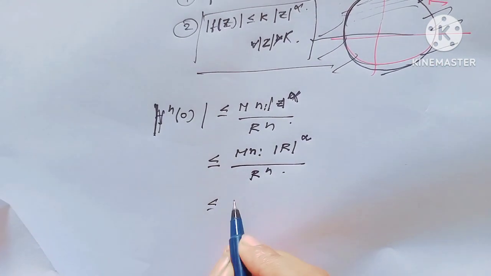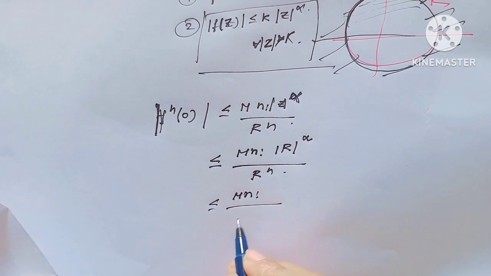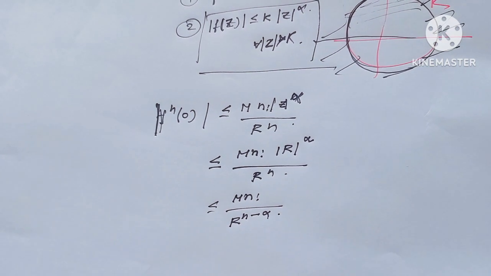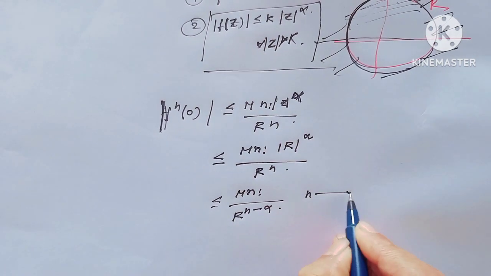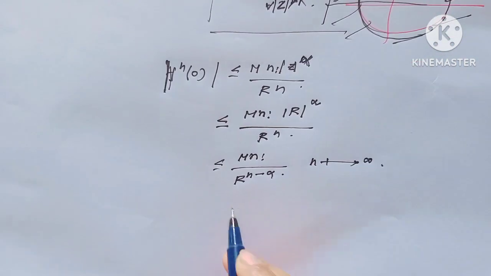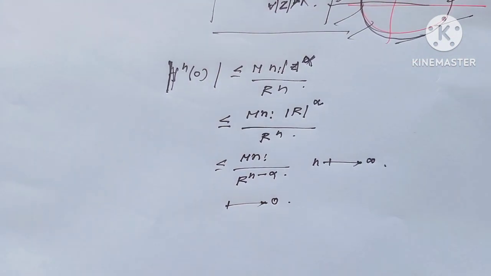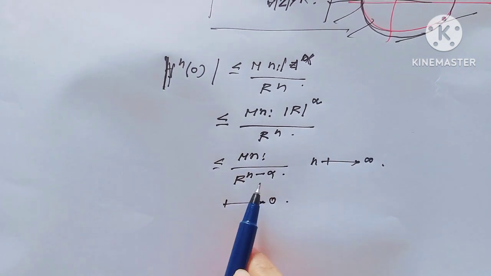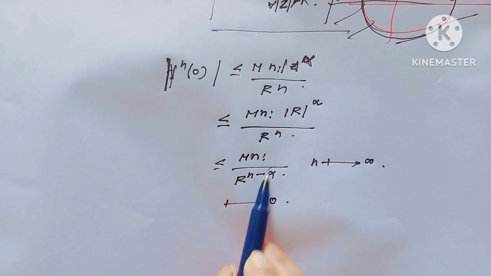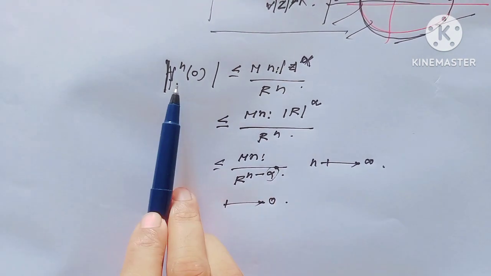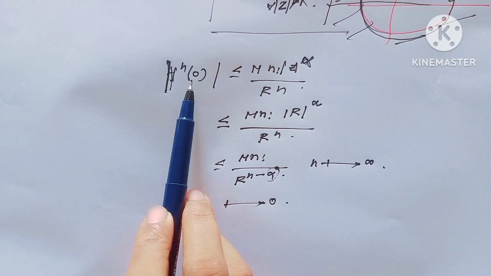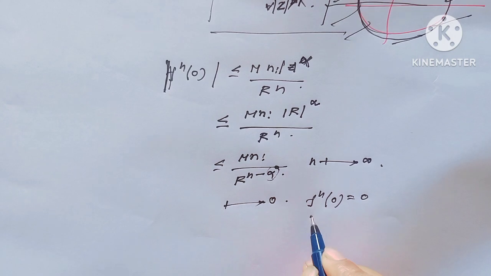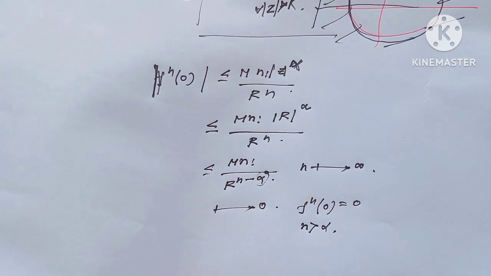That means this is less than or equal to M n factorial r to the power n minus alpha. And when n tends to infinity, this value goes to 0. That means for those values of n greater than alpha, the n-th derivative of the function at the point 0 would be 0.